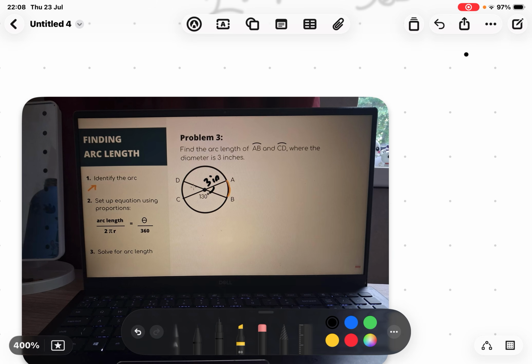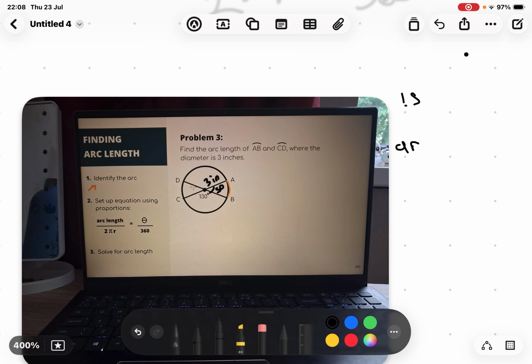And we know that this is 50 because they add up to 130. So we do what we would do there. However, with the diameter, we take the radius as 1.5.